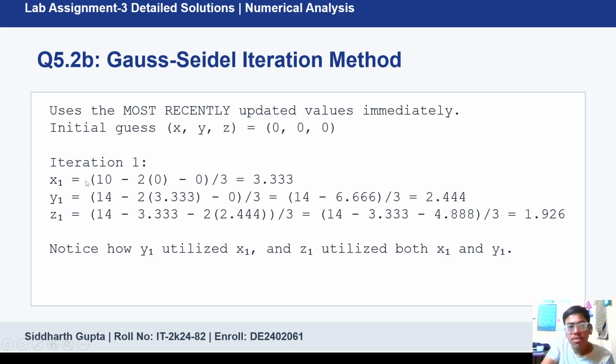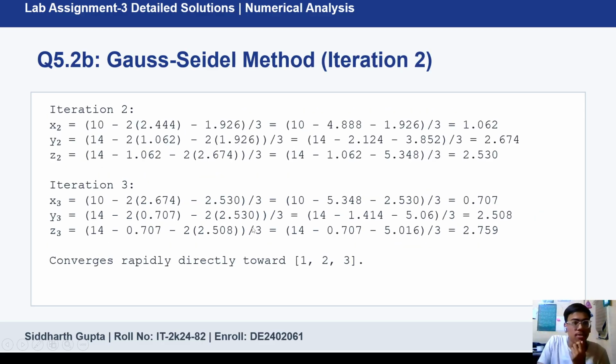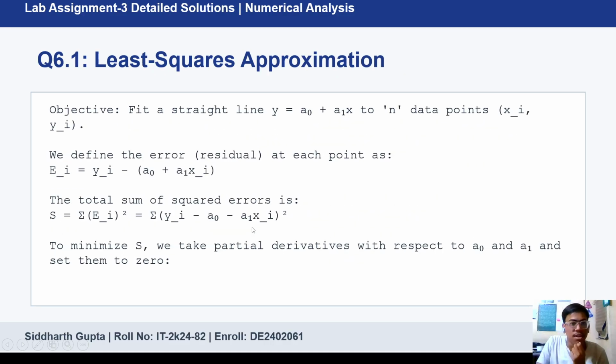Now that you have x1, you can use it in y1. And when you come to z1, you have both x1 and y1, so you can use both in z1. So this is the Gauss-Seidel method. Similarly, in Gauss-Seidel also you will get the same answer.